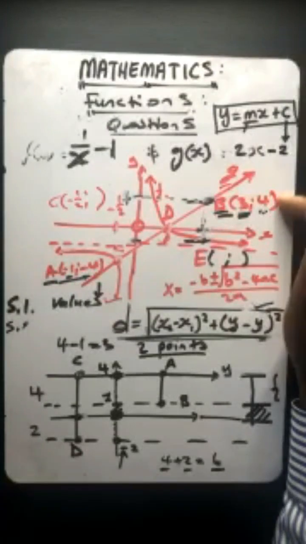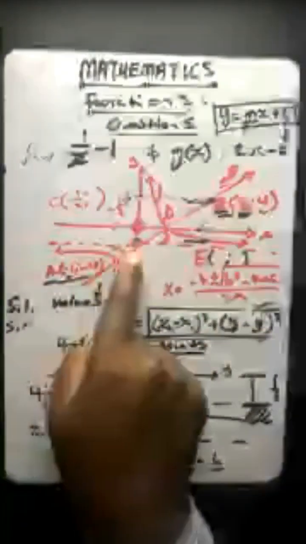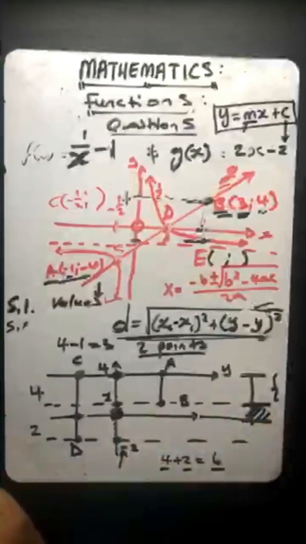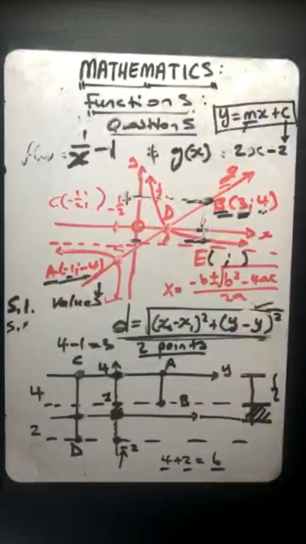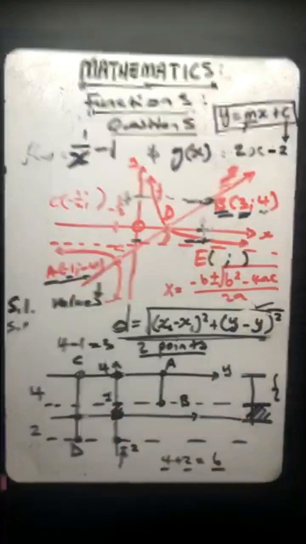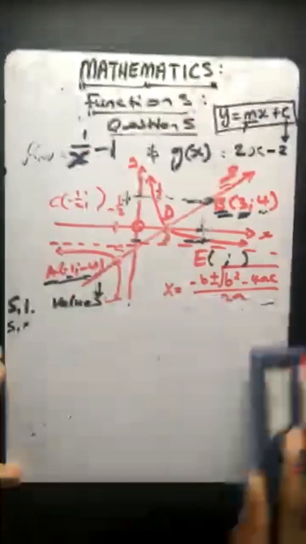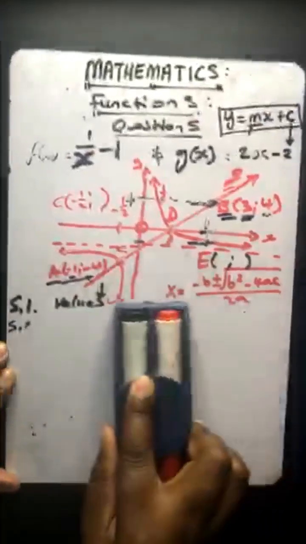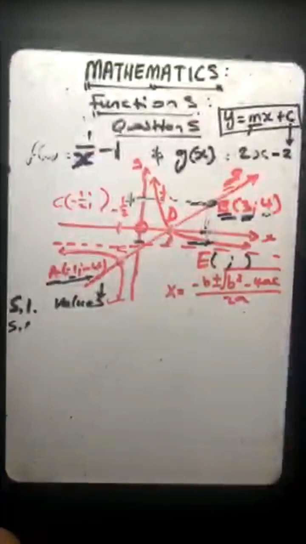So if it was -1, then we're going to say 4 minus 1, then we get the value of E, the distance of E. Remember, we don't consider the negative sign.